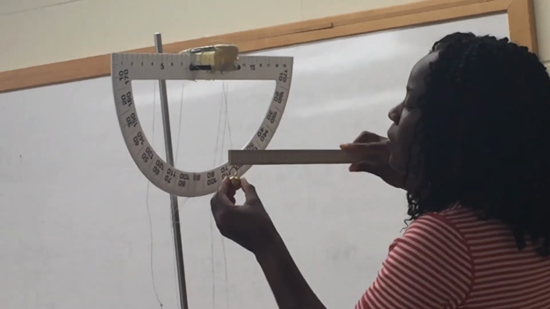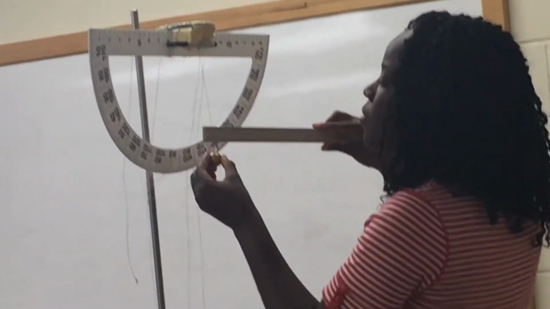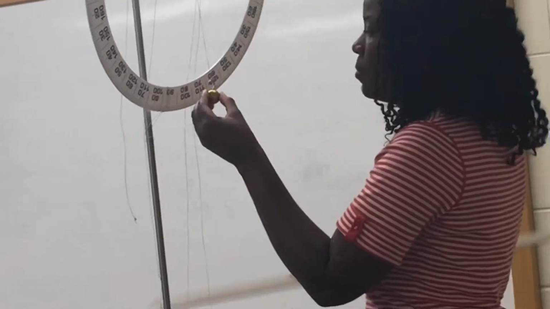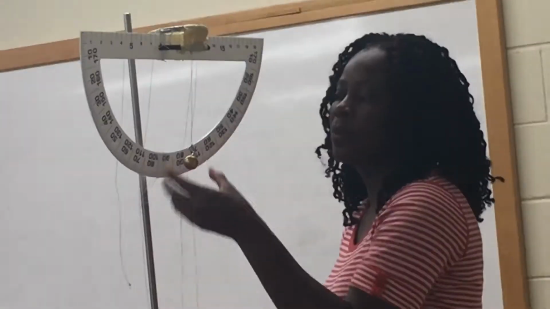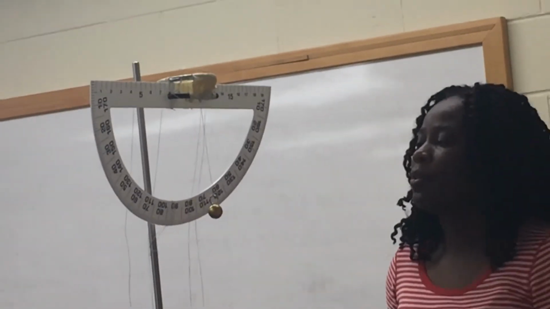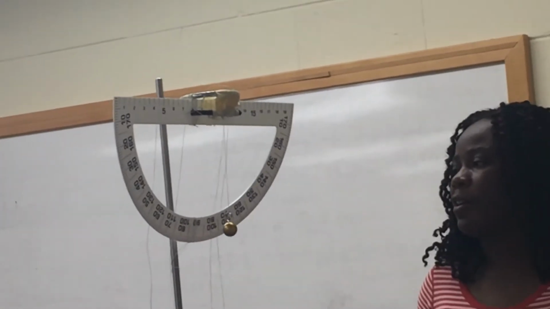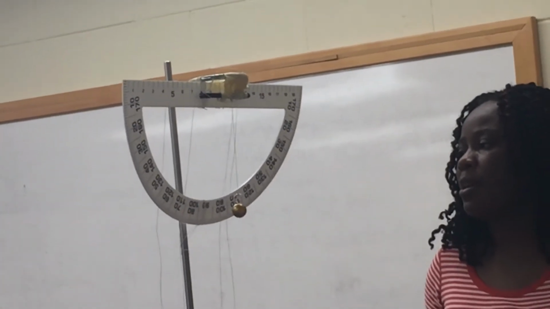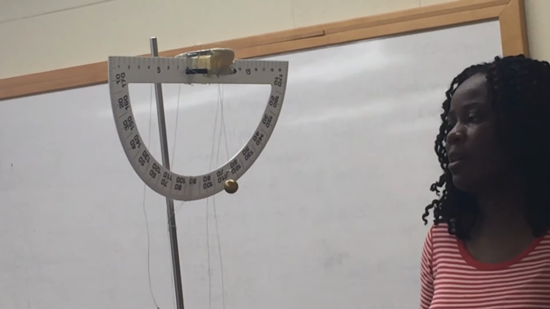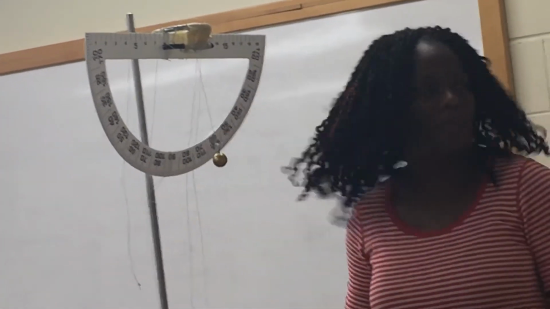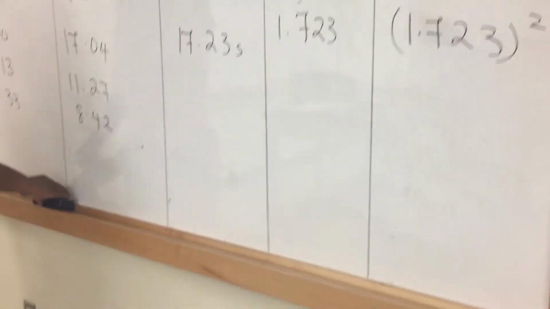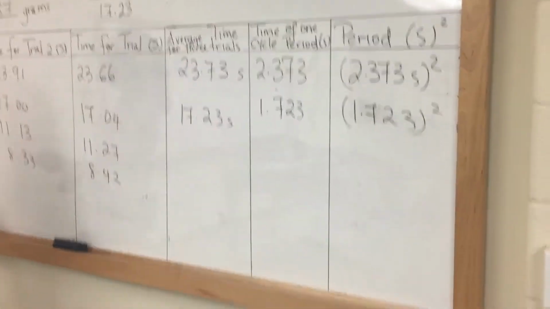And then I will displace it 1.5 centimeters. 1, 2, 3, 4, 5, 6, 7, 8, 9, 10. 8.42. So this is 8.42. Again, I'm going to ask you to do the averaging.